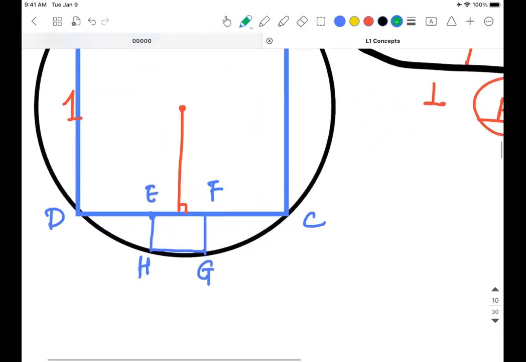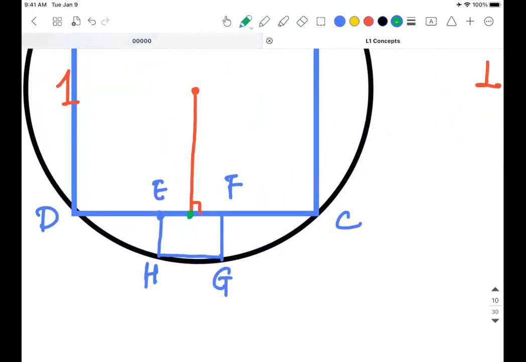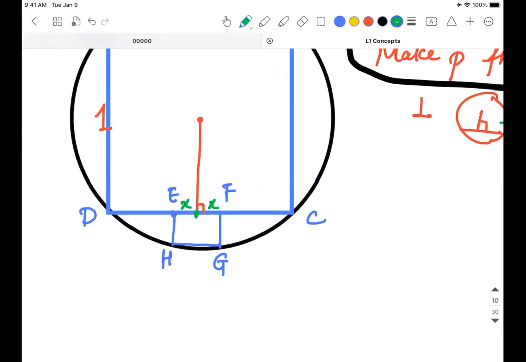Because I already know this is the midpoint, I'm going to let this part equal x. So my EF is going to be 2x, just to make my life a little easier. I know x, but how can I determine x?